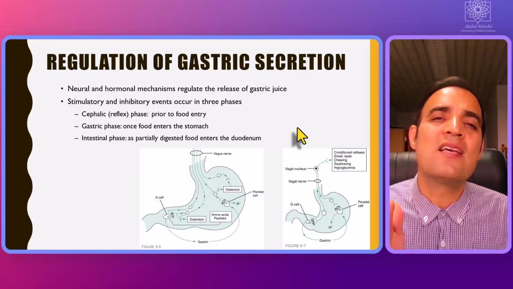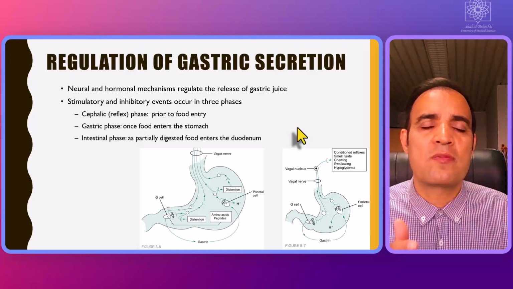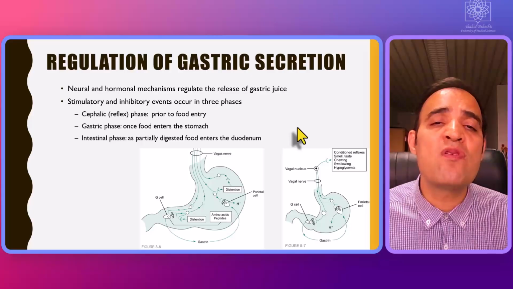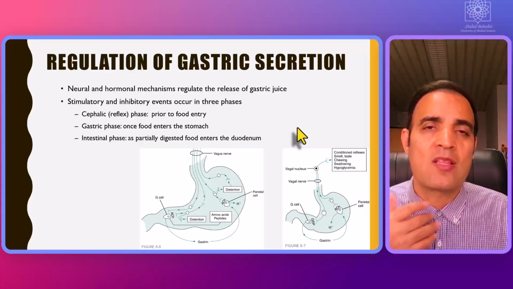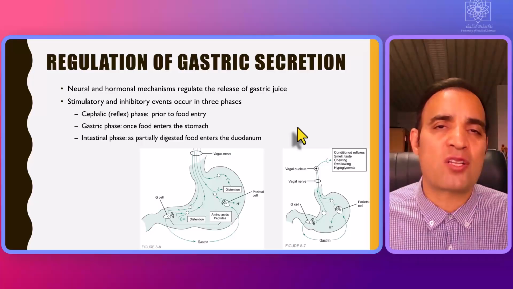This phase commonly takes place even before food entry. Therefore, I can say that the cephalic phase is a feed-forward mechanism.